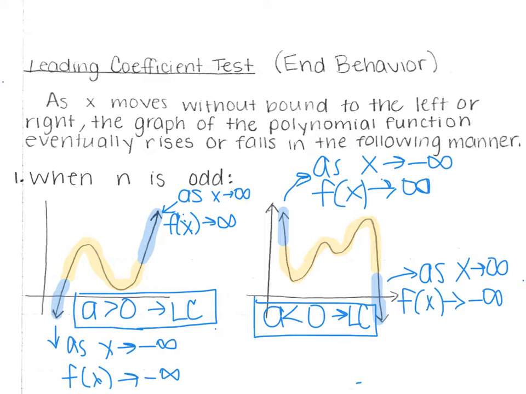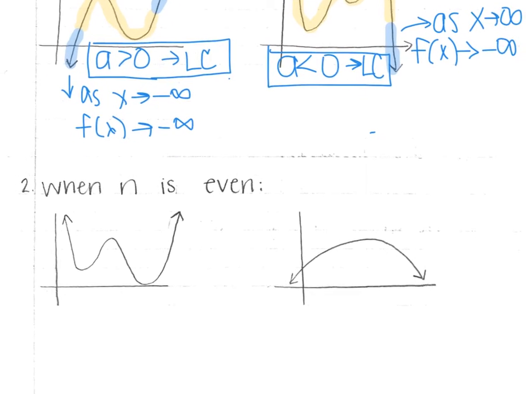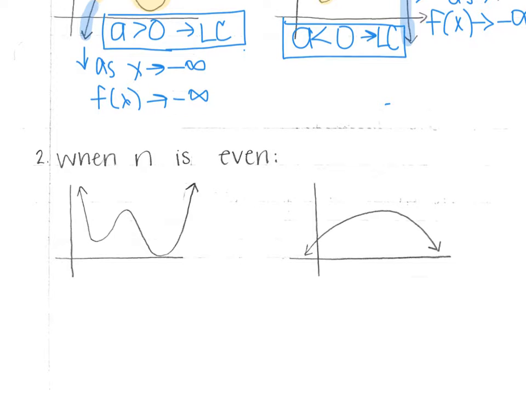So let's then take a look at what happens when n is even. Okay, so when n is even, and again, we have this middle behavior that can change. We're really concerned with the end behavior, which I'm highlighting here in blue. So these are occurring when n is even. So your degree, remember this is your degree, is even.